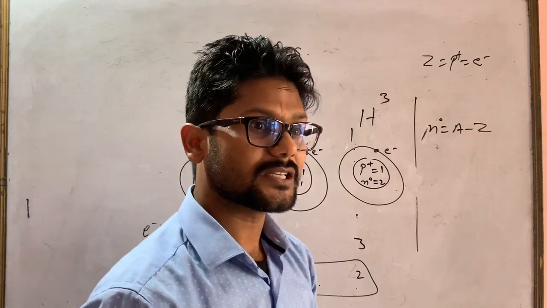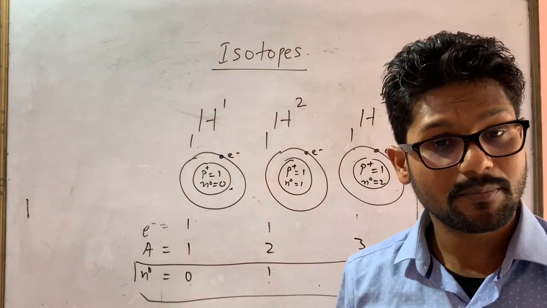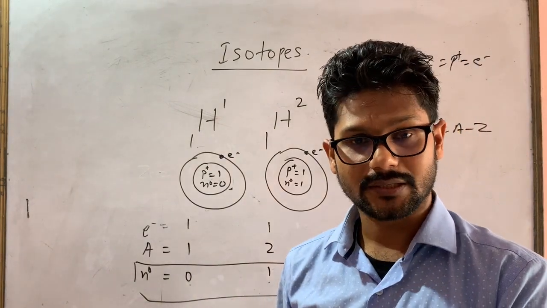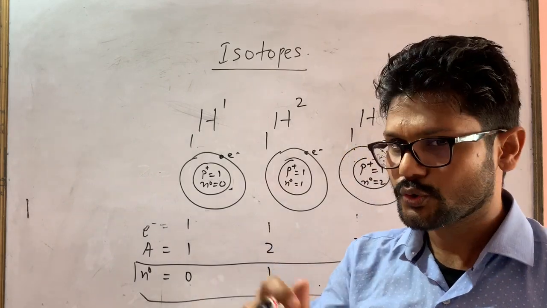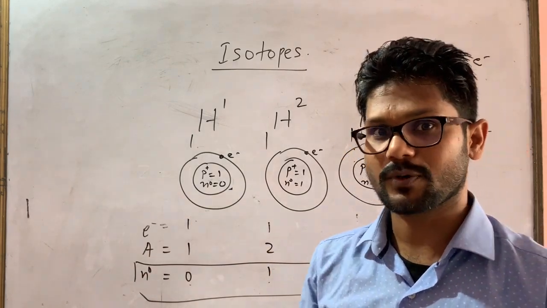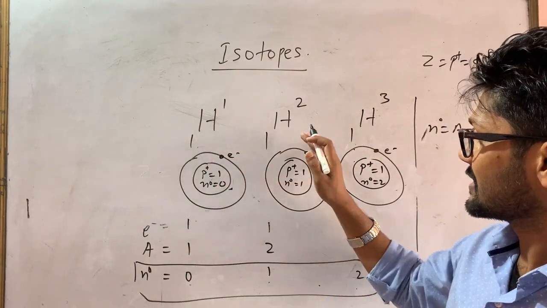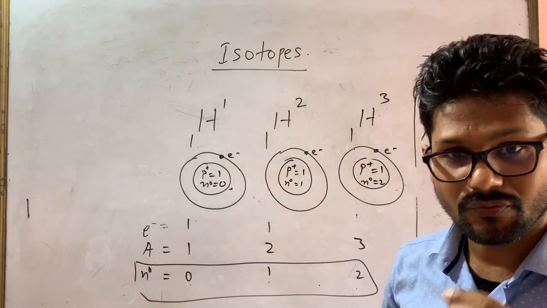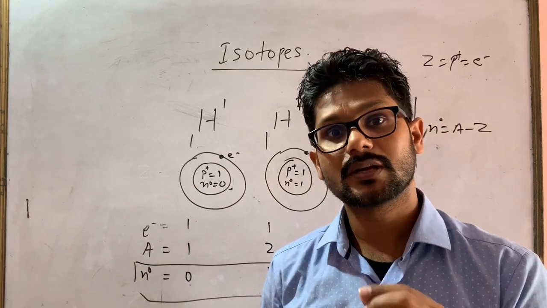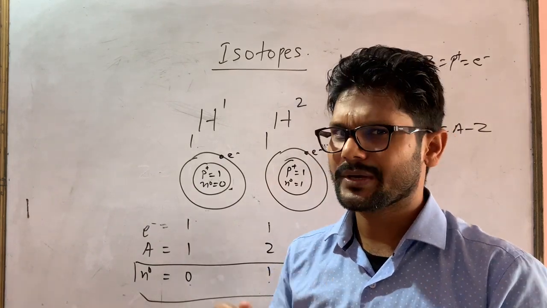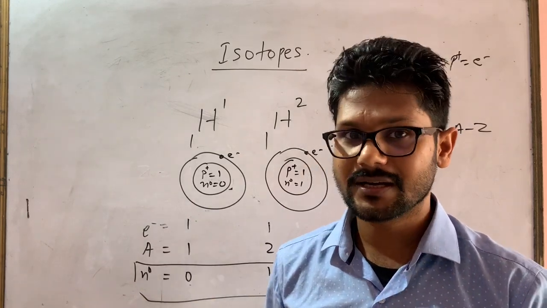So if the atomic number is the same, these all have the same chemical properties, right? They will have the same chemical properties, but physical properties may differ, in a few cases like boiling point and freezing point.